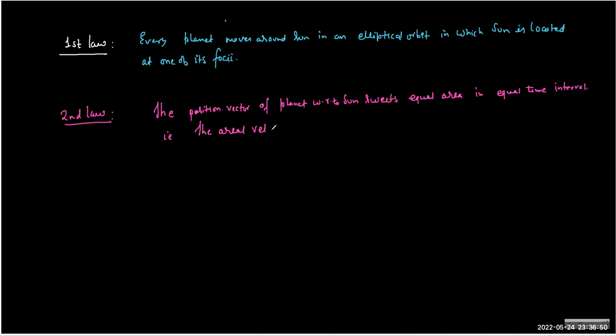So the areal velocity of the planet remains constant. And basically the second law is a consequence of conservation of angular momentum.